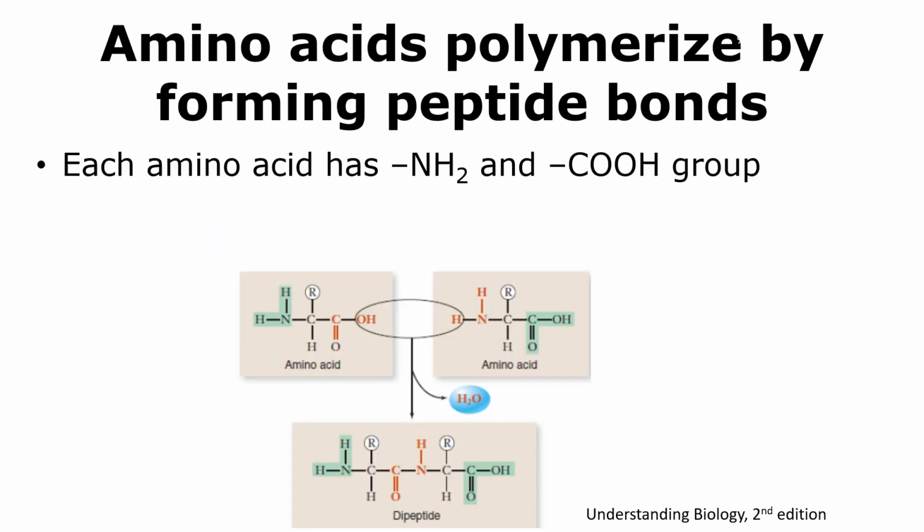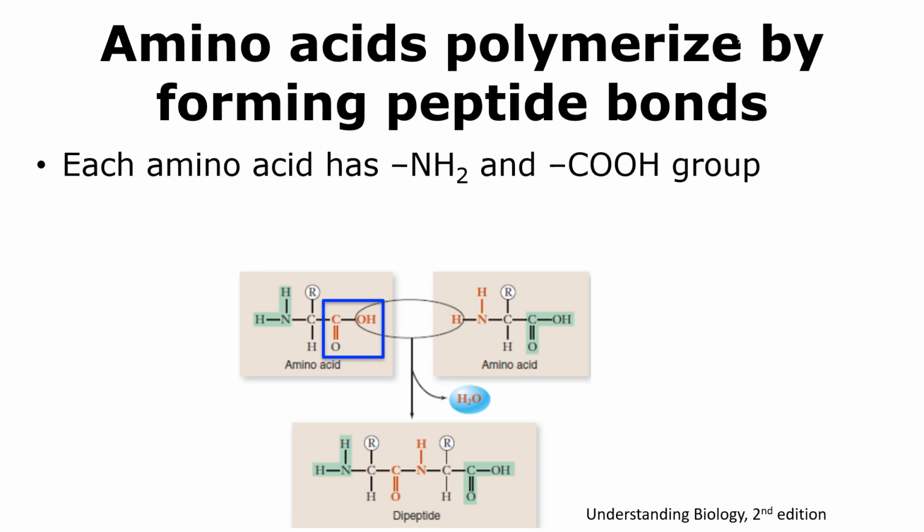2 amino acids can be linked together, and for this, they use the amino group. And in this figure, we are able to see the amino group of one amino acid can react with the carboxylic group of another amino acid.